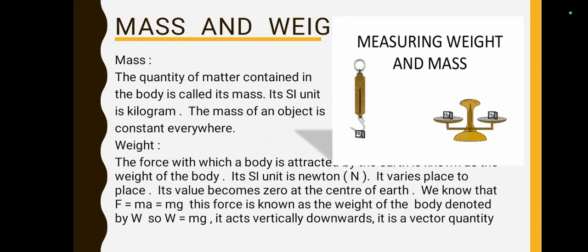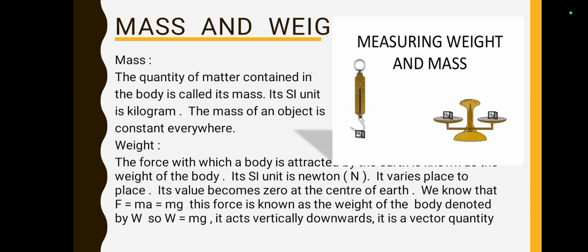First one, mass is a scalar quantity. It does not change according to place. It remains constant everywhere, and the SI unit of mass is kilogram. Whereas weight is a force with which the object is attracted towards downward, due to the gravitational force.